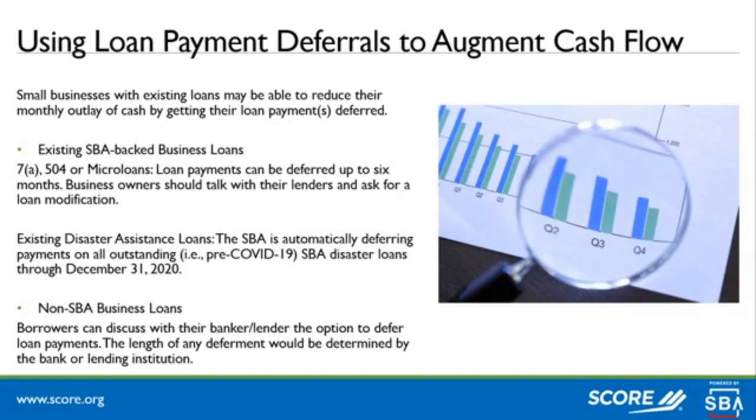And then if you have an existing disaster loan, the SBA will automatically defer payments on all outstanding loans through the end of this year. So you need to think about that because it keeps cash in your pocket instead of having to continue to send it to your lender.